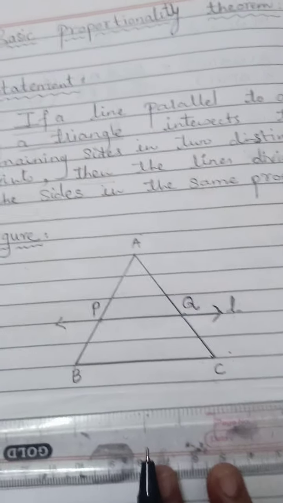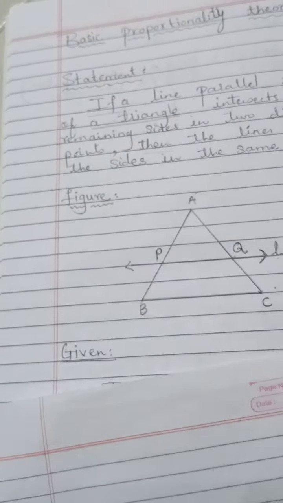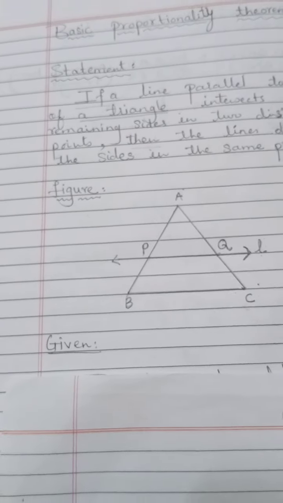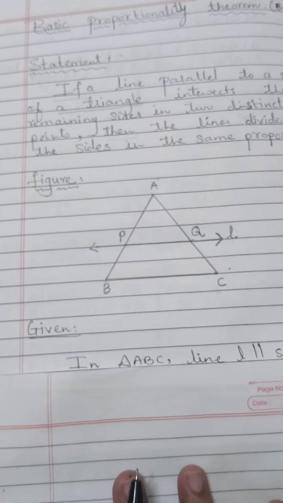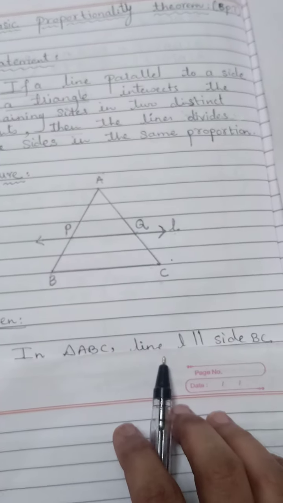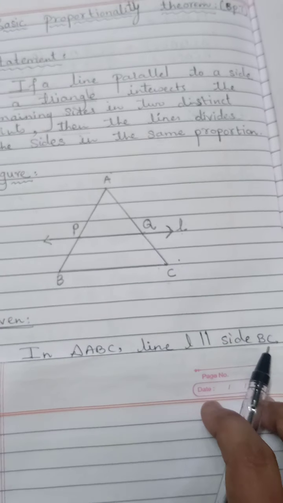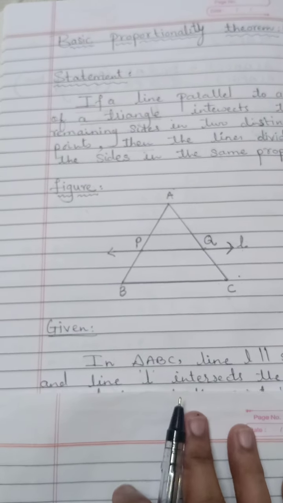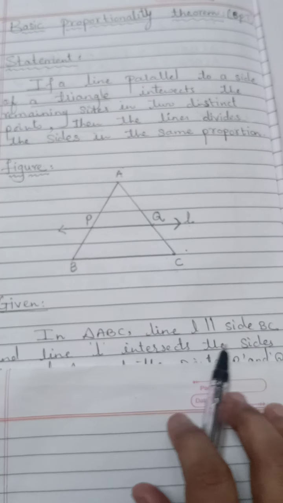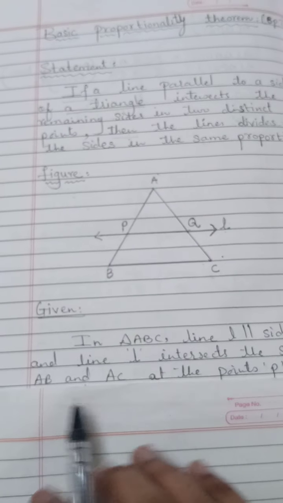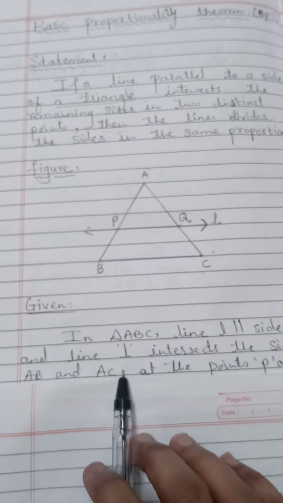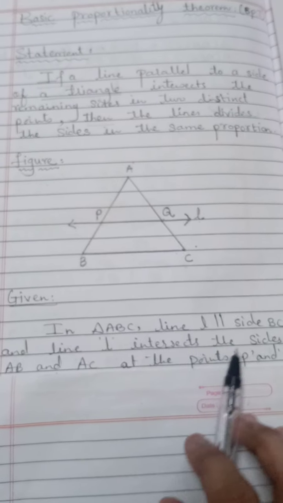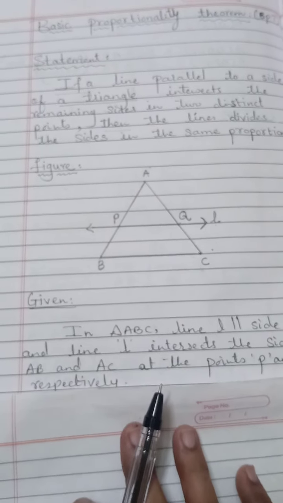So now we'll see what our given is. The next step is nothing but given. So see here, the given is: in triangle ABC, line L is parallel to side BC and line L intersects two sides, that is AB and AC, at the points P and Q respectively.